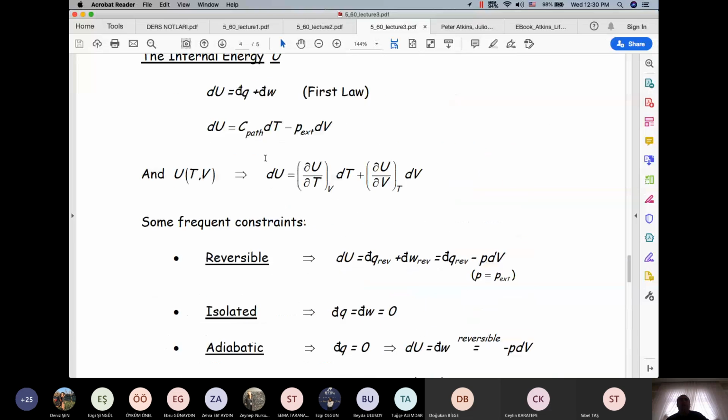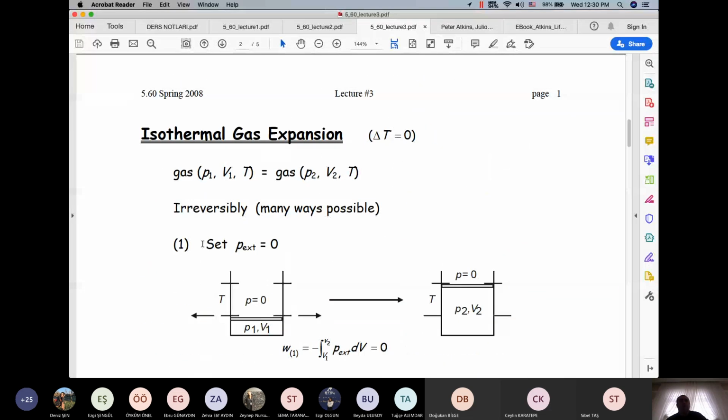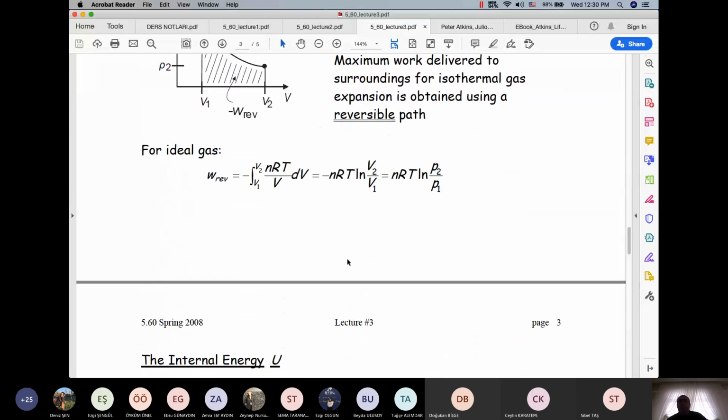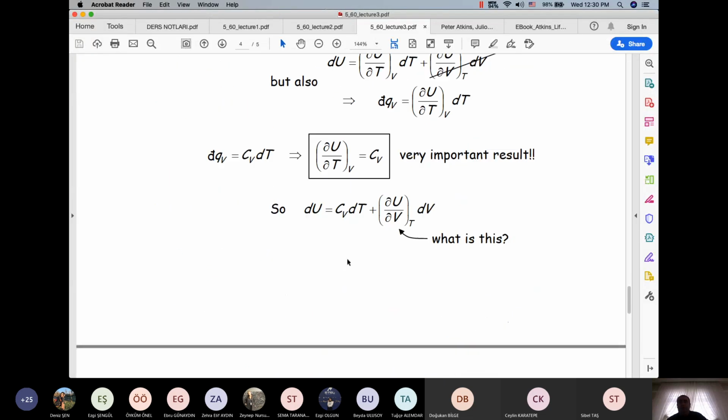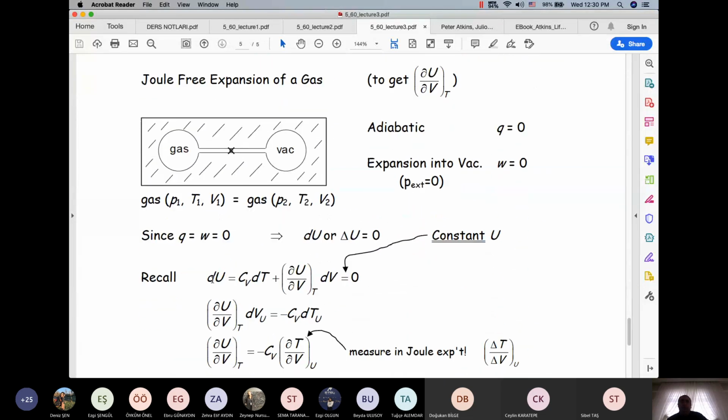Vakuma karşı genişlemeyle herhangi bir iş elde etmiyorduk, onu da 0 olduğunu biliyoruz. Dolayısıyla sistemin Q'su 0, W'su 0. Toplam o zaman DU'su da 0 olmalı, çünkü DU Q artı W'ydi değil mi? O zaman bu da 0 olmalı.